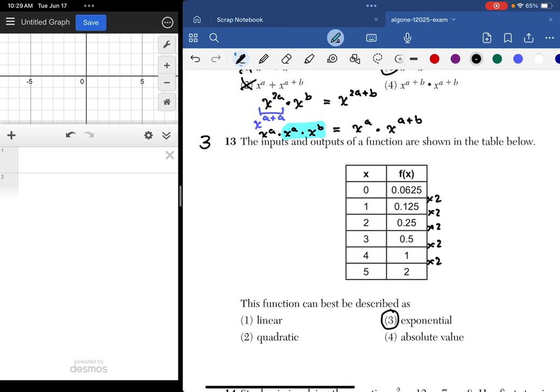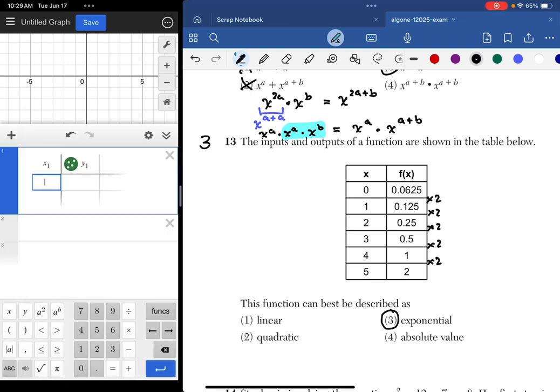But if I'm not sure, I can put in the graph and see what my picture looks like.